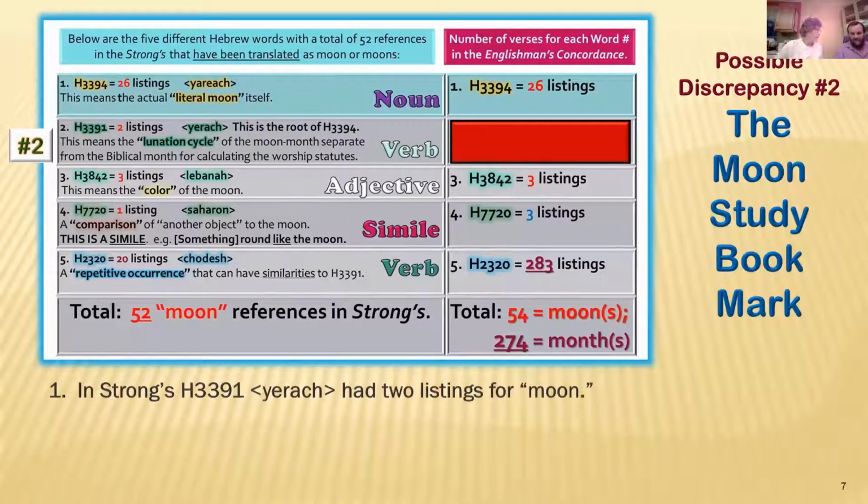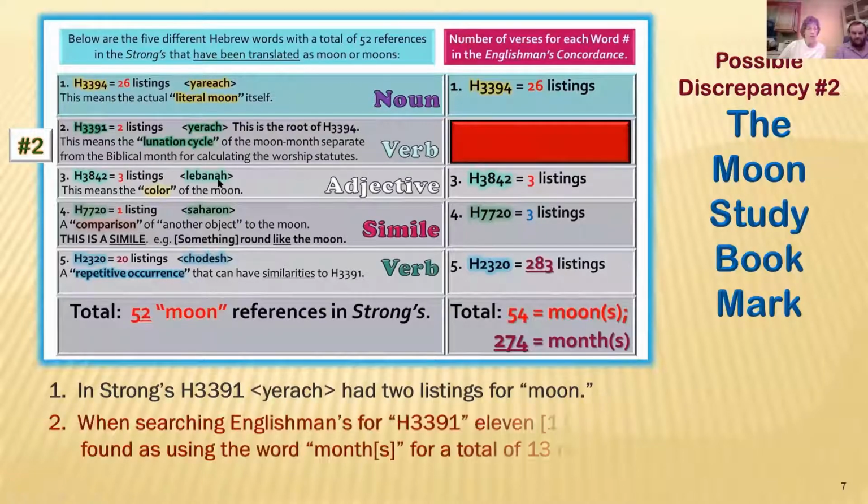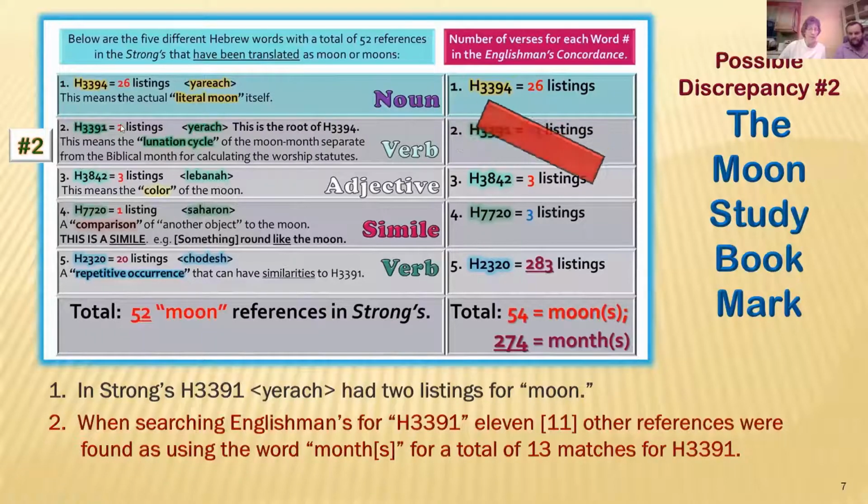3391, and the Hebrew is, how do you pronounce it? Yorach. It has 2 listings for moon, and I have them here, 2 listings. Okay, that's your lunation cycle. But when we looked into the Englishman's side of things in 3391, it has 11 other references that you will find 3391, but 11 of those references are using the word month or months.